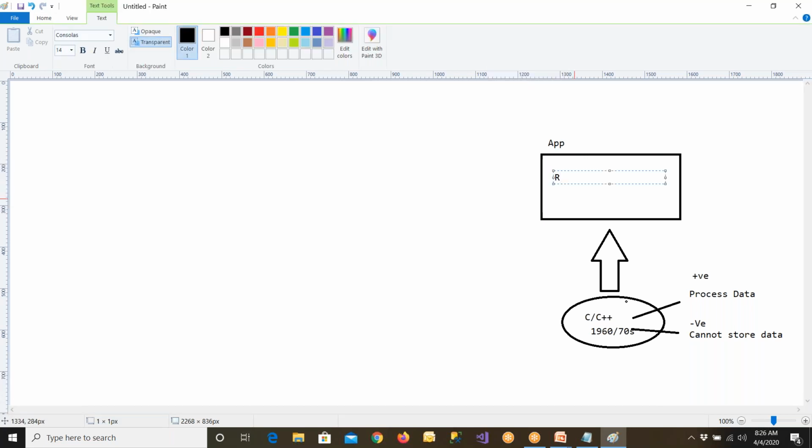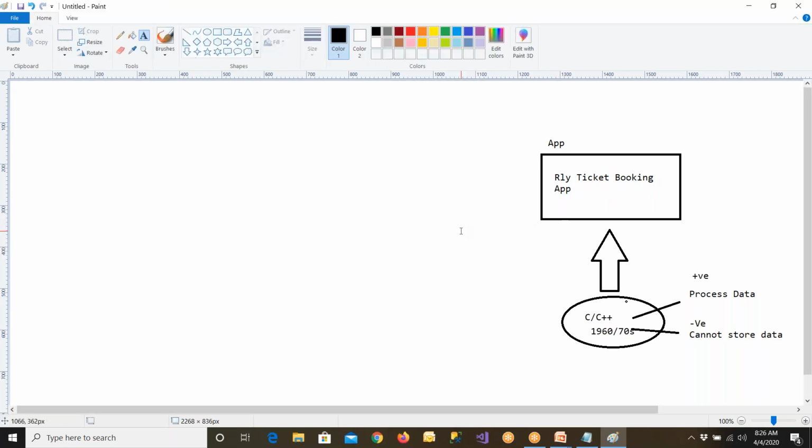It is called a railway ticket booking application. Anybody can easily book train tickets using this application. Am I clear? It is a computer based application, developed and given so anybody can easily book train tickets with its help.